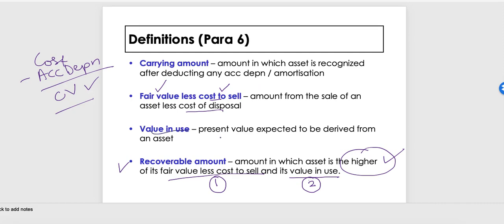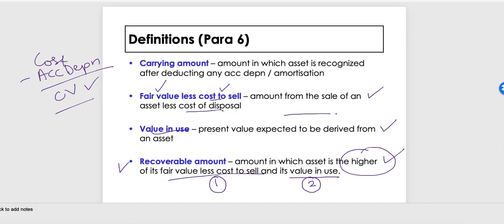Value in use is assuming that, if let's say I don't want to sell the asset but I want to continue to use the asset, how much is the cash flow that I can generate from the continued use of the asset?